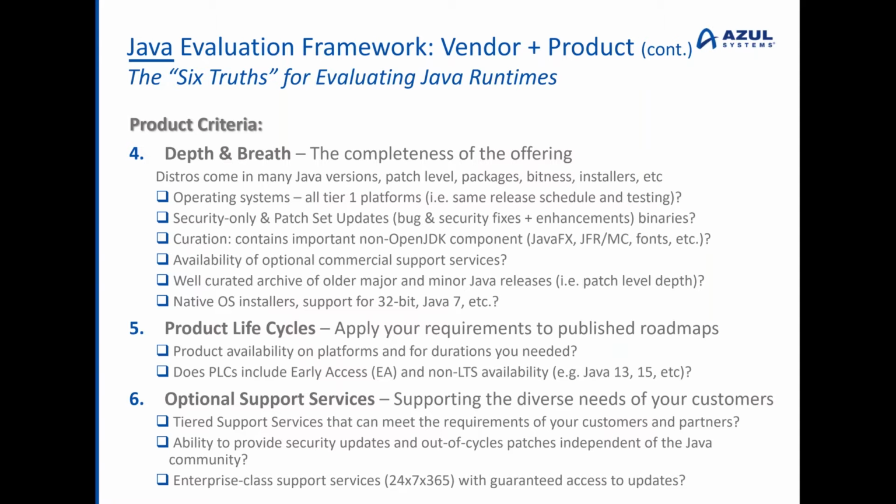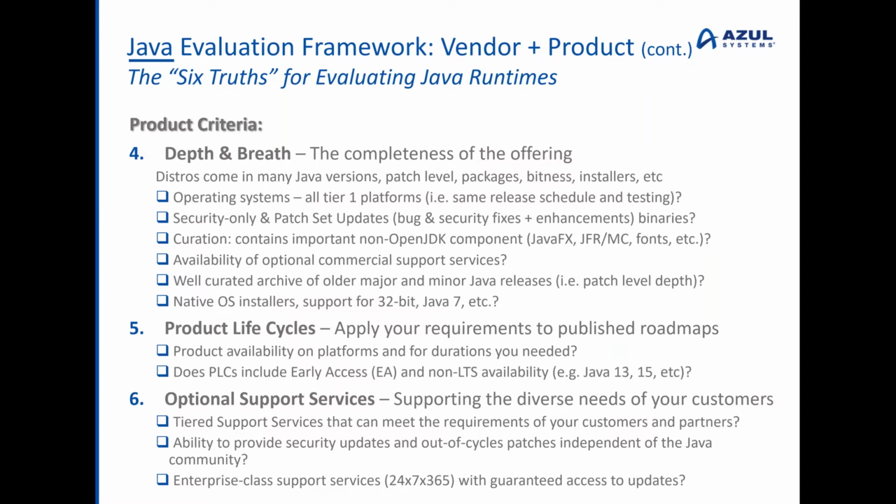It's very important that as an ISV, you're choosing, supporting, and recommending a JDK that gives the customer the option to get support for that runtime, to get an out-of-cycle patch should there be a regression in Java, and ensures that the customer can get the enterprise class support services they need and guaranteed access to updates. So a very important component when looking at a product.